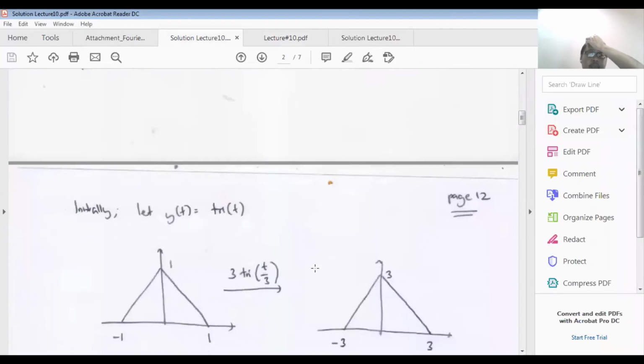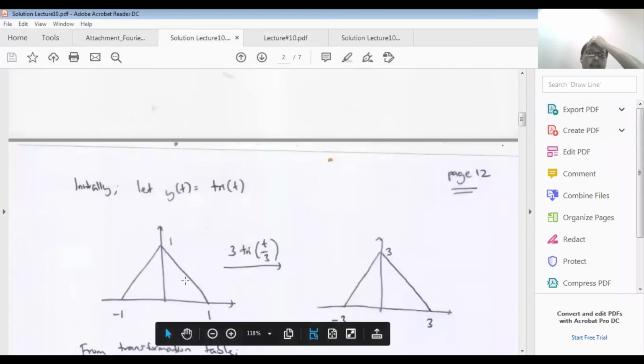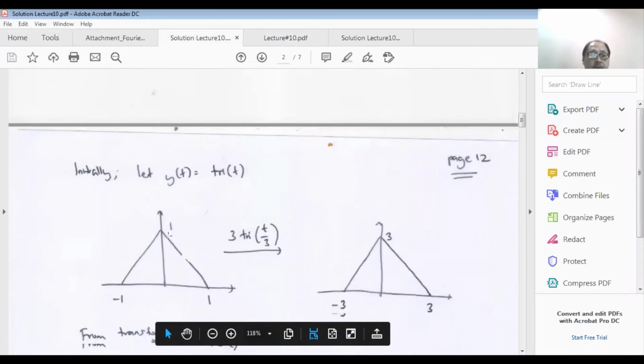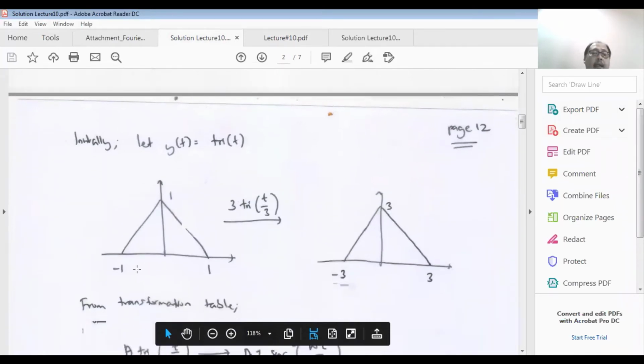For the original triangular T signal, the signal should look like this, where the amplitude is 1 and its time duration is from -1 to +1.